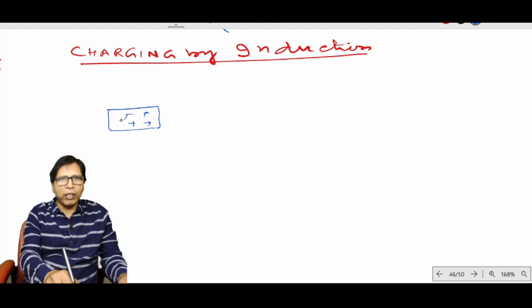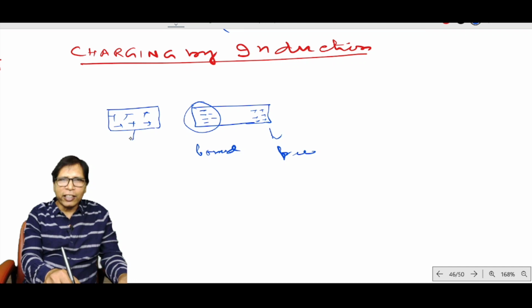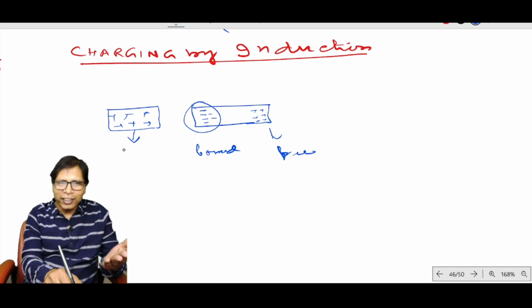If an uncharged body is brought near it, the near end of this body gets negative charge and the far end gets positive charge. This is known as induced bound charge, and this is known as induced free charge, and this is the inducing charge.